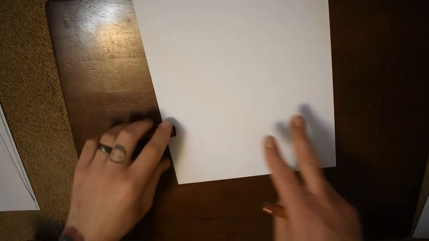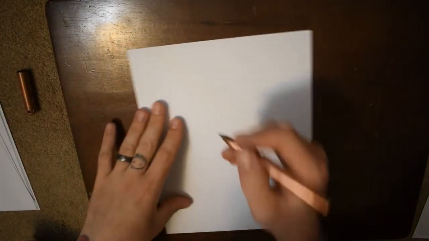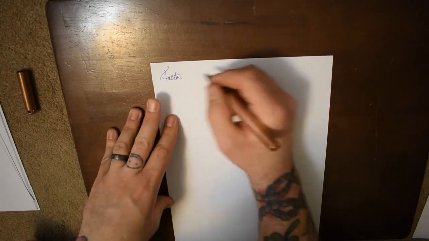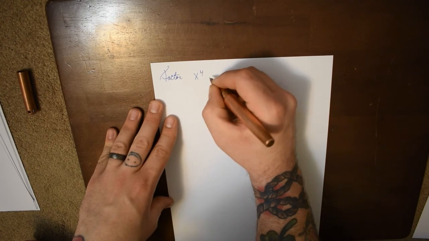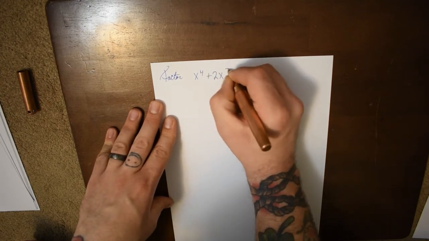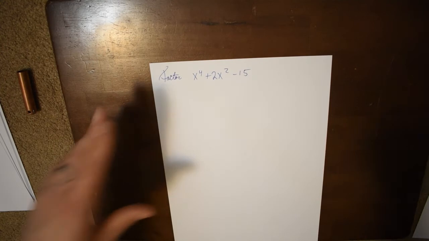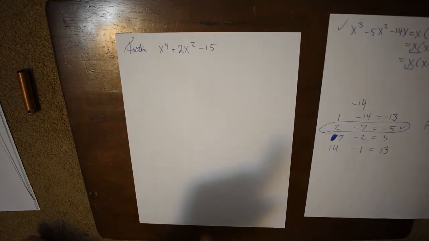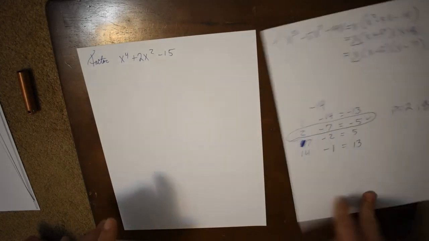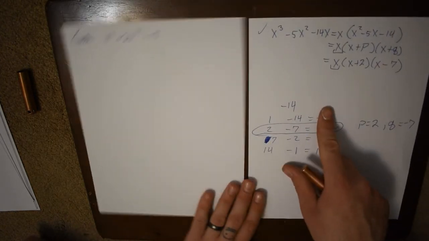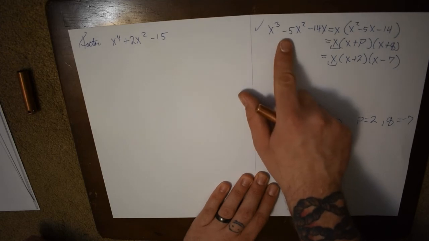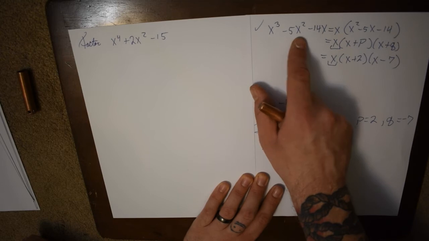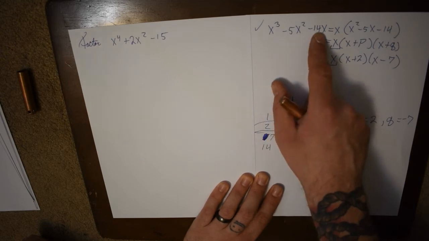So let's continue on. Let's factor x to the 4th plus 2x squared minus 15. So this one's a little bit different. In that last problem that we did, x cubed minus 5x squared minus 14x, if you notice, this is degree 3, this is degree 2, this is degree 1.